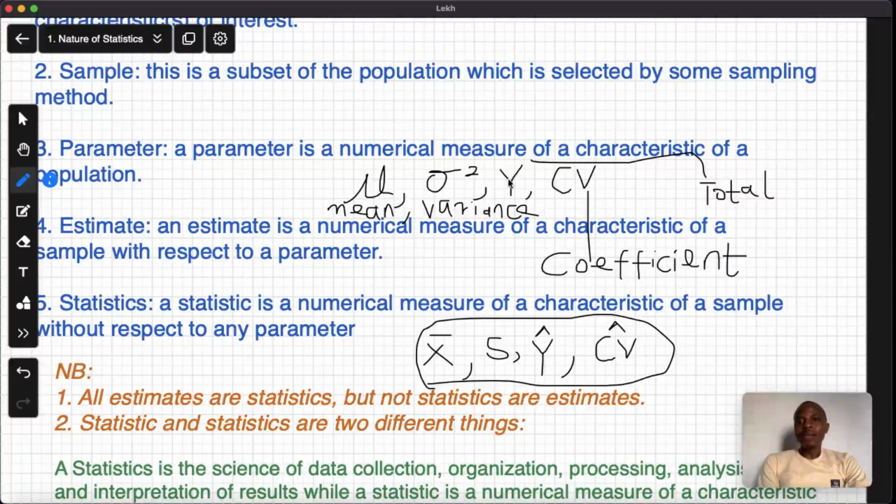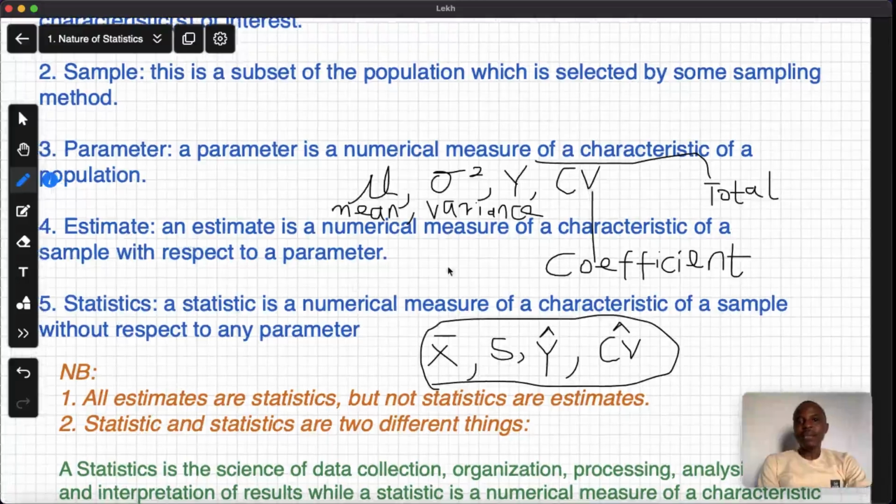CV hat is an estimate for the parameter CV. That's why I define an estimate as a numerical measure of a characteristic of a sample with respect to a parameter. So we don't know the true thing, but we have something close to the true value. These are the true values, but these are the estimates.